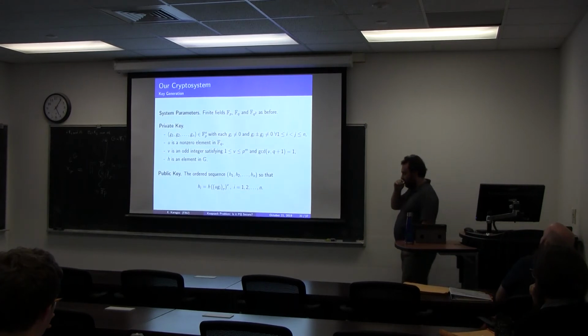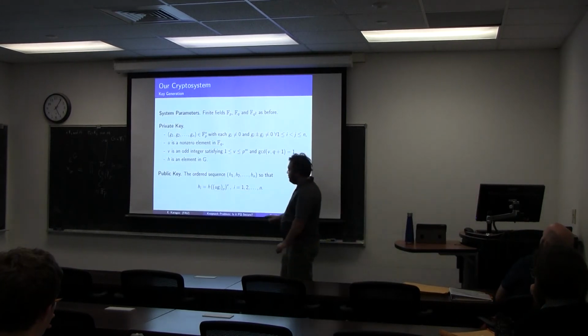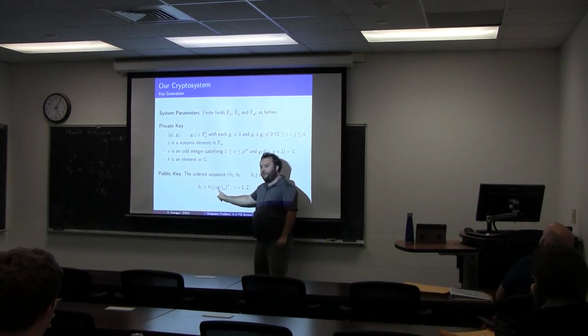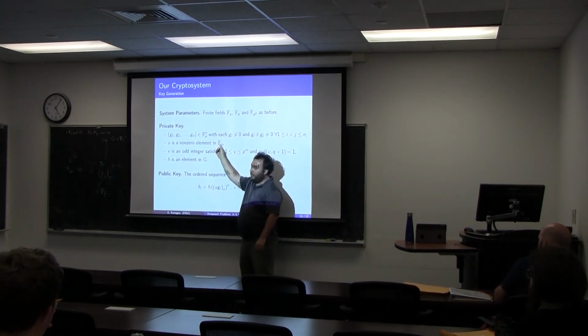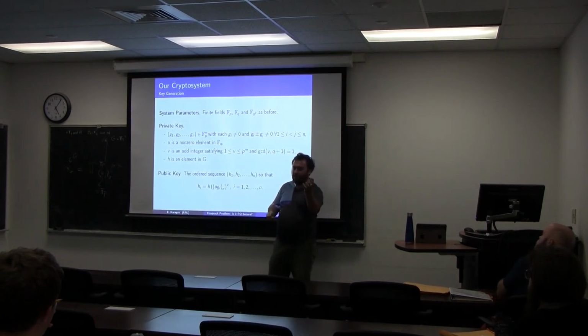How do I construct the public key? Now GI is in FP, right? In the basis element. If I multiply this element by U, I push this element to FQ, right? Because U is an element in FQ. Multiplication of an FQ element with an FP element becomes an FQ element.